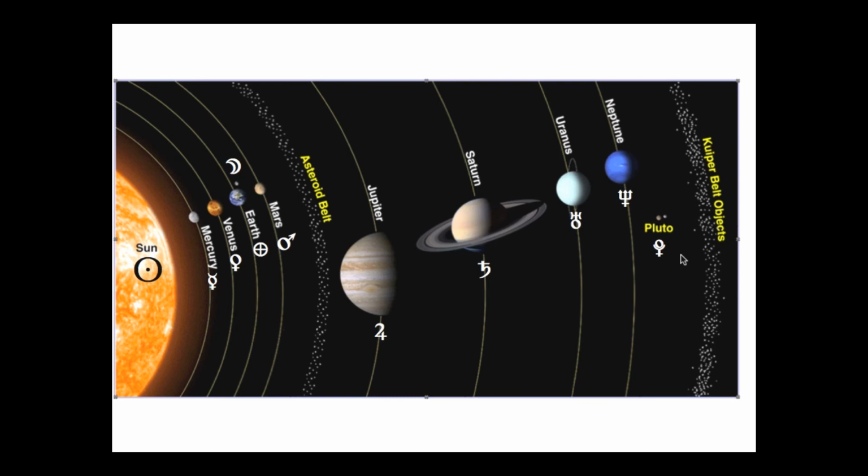The configuration that we have inside of ourselves is reflected in the mechanism of the solar system, which, if this is accurate, and there's only one way to find out, so if you have doubts about it, I would encourage you to get a reading from me, because other people are not going to use this type of system.